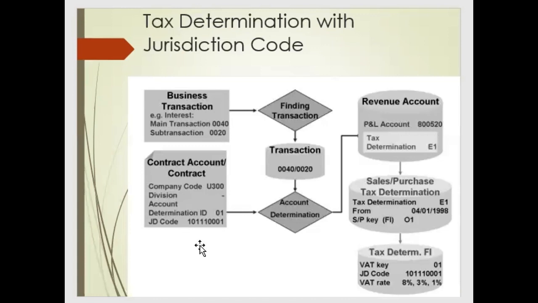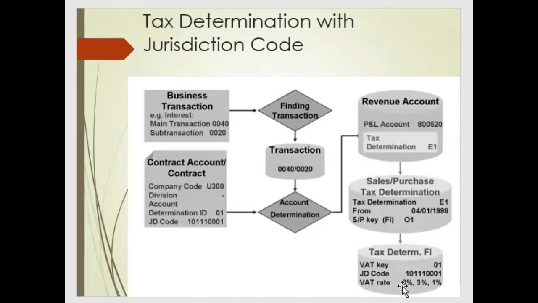That means in each state there are different jurisdictions. Now, if there is any jurisdiction which is applicable across India, particularly the utility segment, where all are 18%, we can use the same jurisdiction code. Let's consider India as a country has a policy, and West Bengal as a state has its own policy, then we need to define the jurisdiction code, and based on that, we define the tax determination.